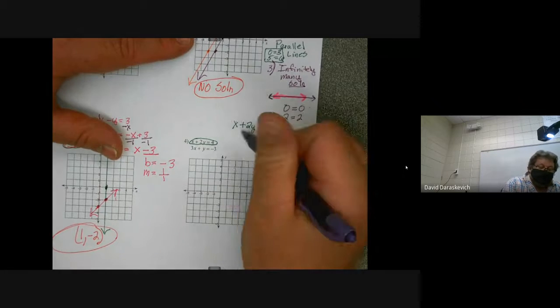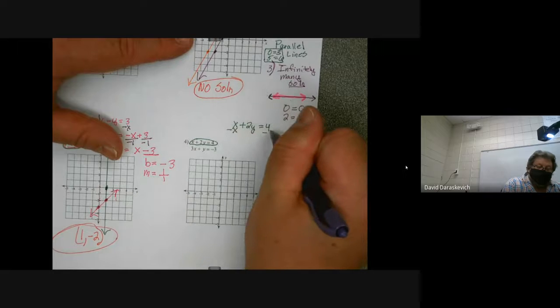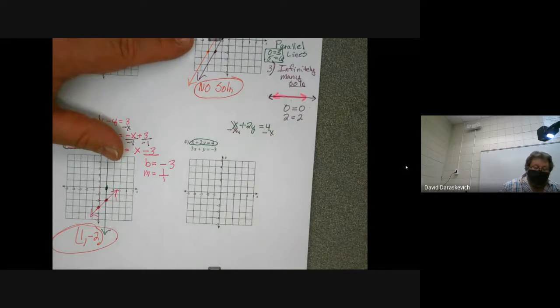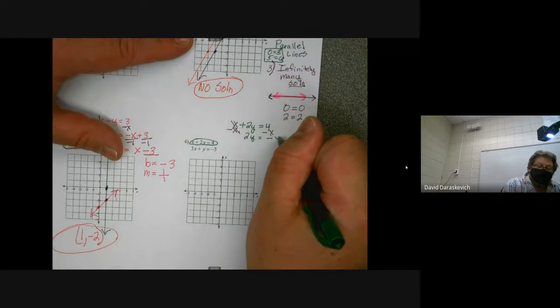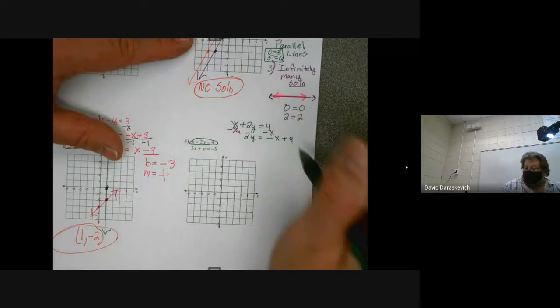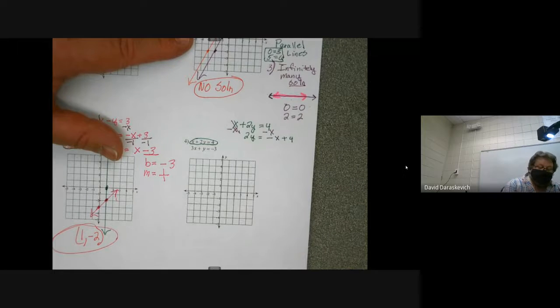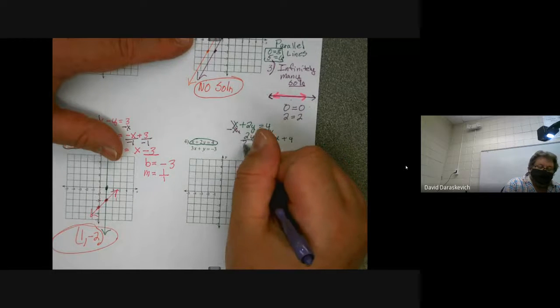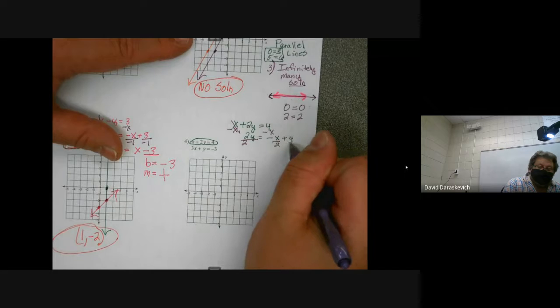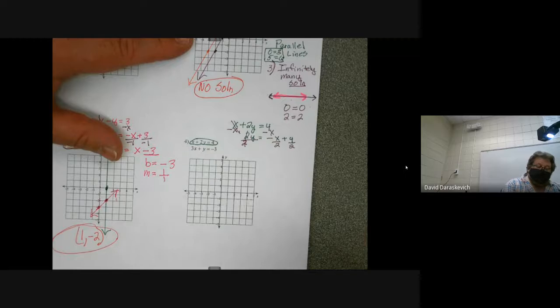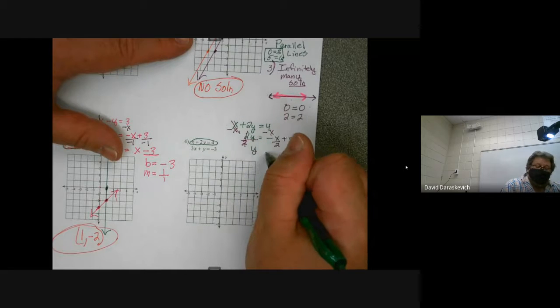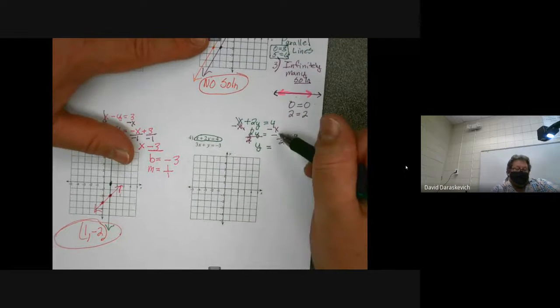Let's see, I'm going to subtract x from both sides. I get 2y equals negative x plus 4. This time I have to divide every term by positive 2. So I get y equals, now don't forget there's a 1 here in front of the x.